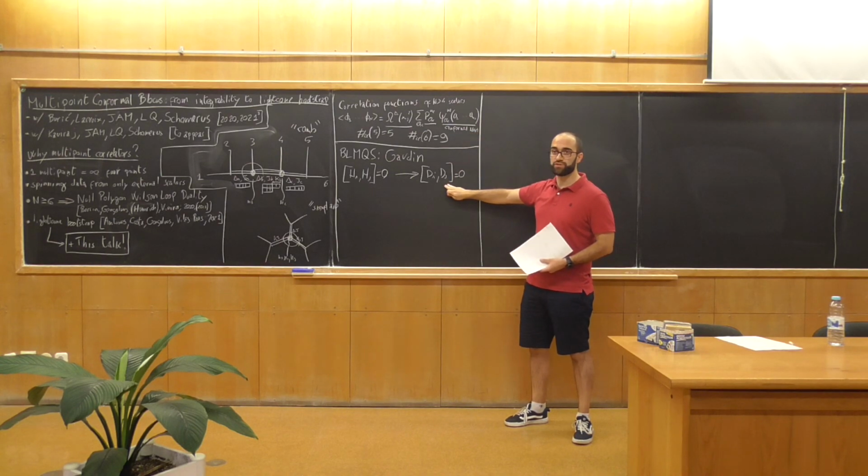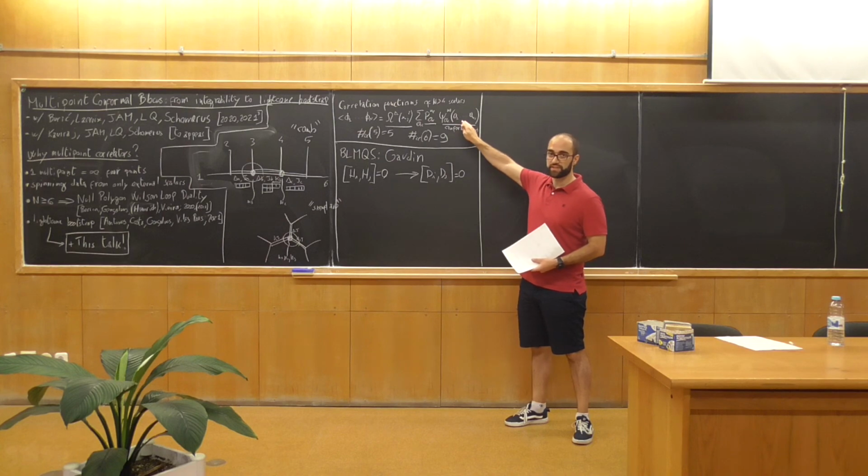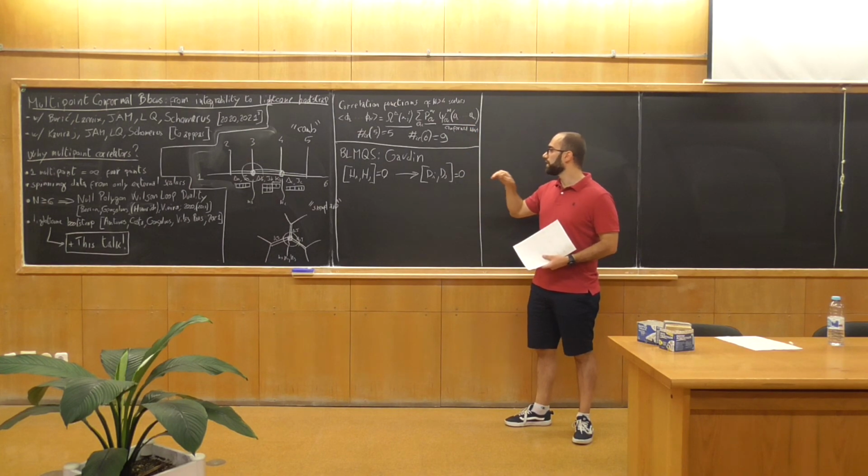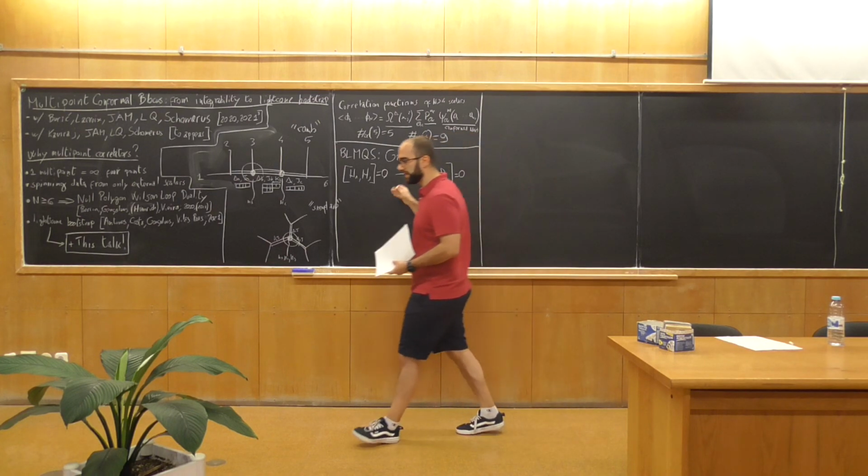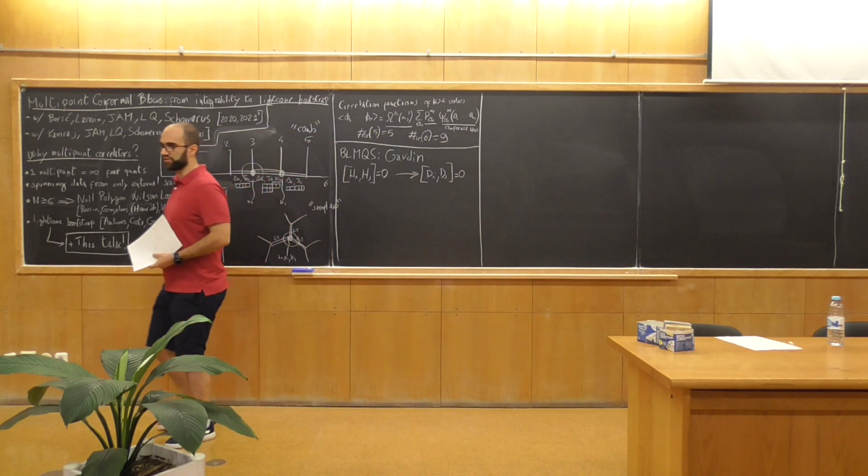We have a number of conserved charges which matches the number of degrees of freedom, 9 in the case of 6-point functions, and we can therefore aim to obtain the conformal blocks by solving these differential equations.